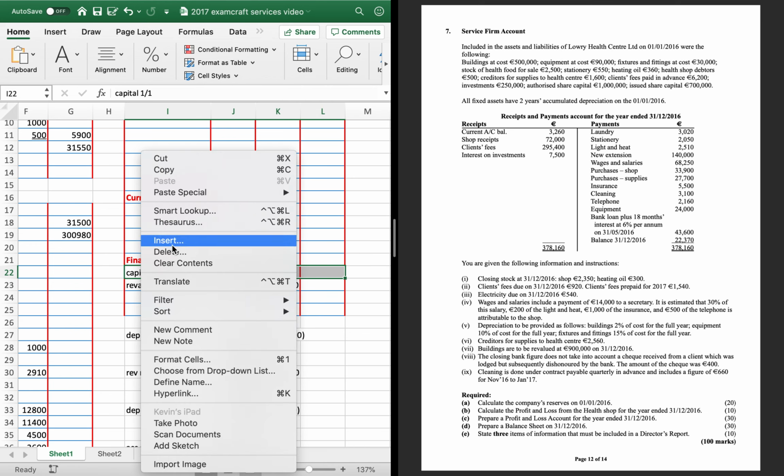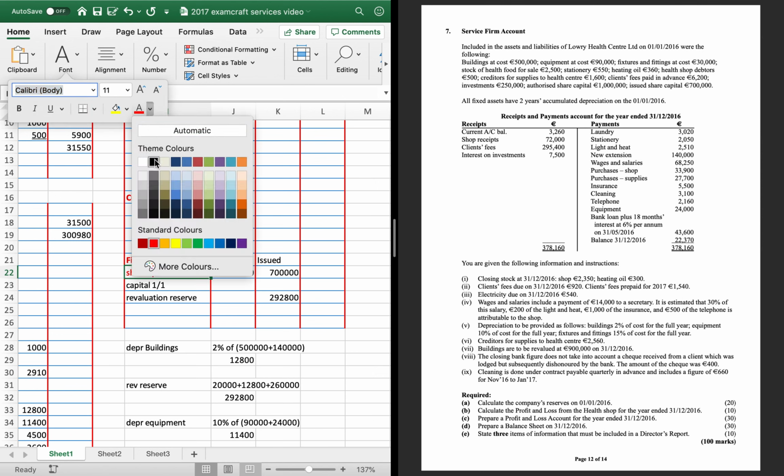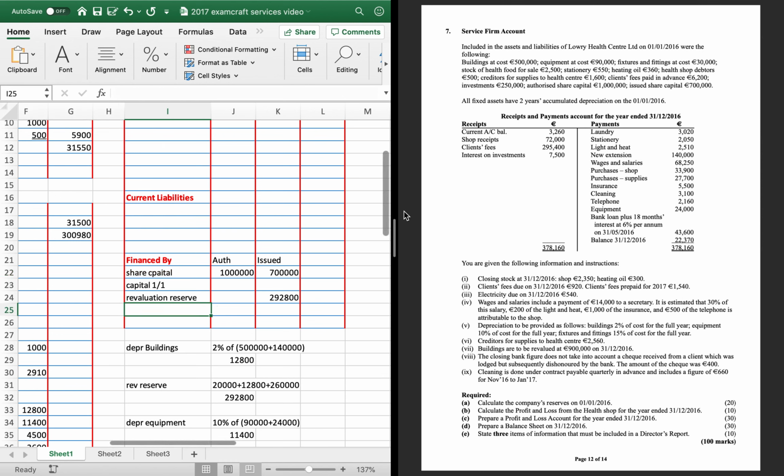Obviously, I should put that in properly. So 1 million is our authorized share capital. Our issued share capital is 700,000. So authorized and issued share capital. Okay, so they're dealt with.